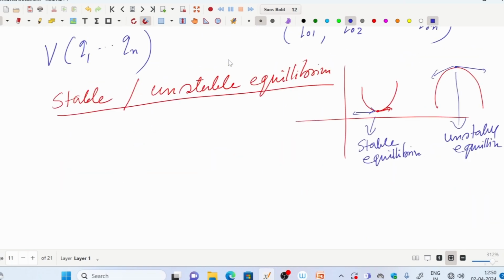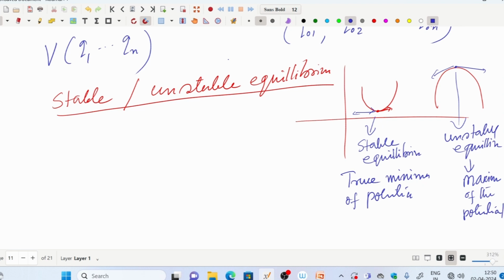And we can see that stable equilibrium corresponds to true minima of the potential, and unstable equilibrium can be the maxima of the potential. So, it is not the true minima.